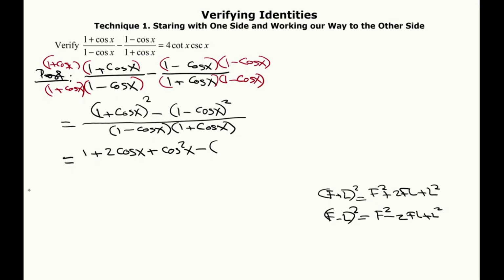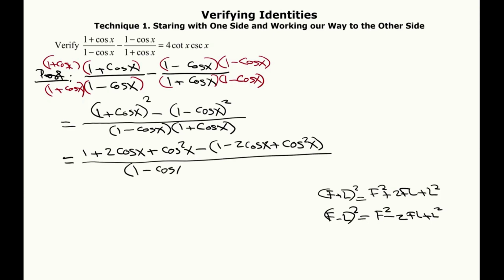So we get minus 1 minus 2 cosine x plus cosine squared x all over quantity 1 minus cosine x times quantity 1 plus cosine x.